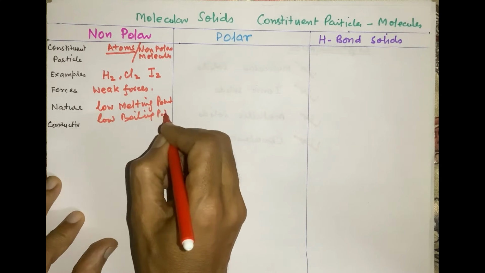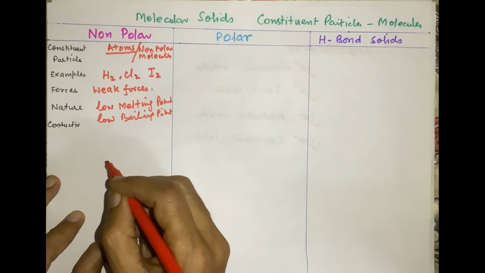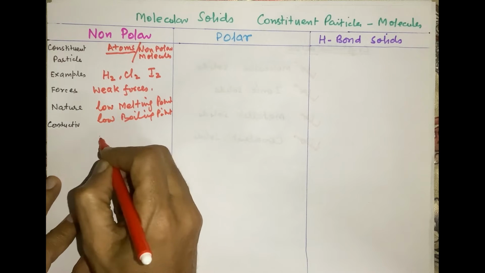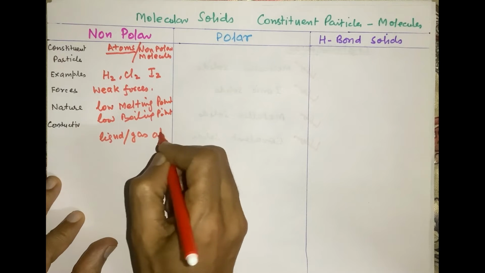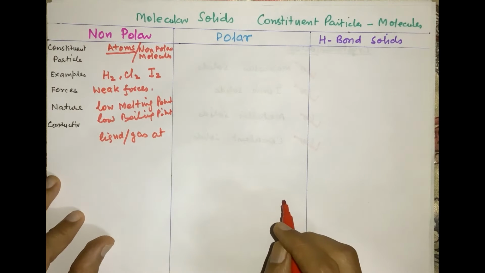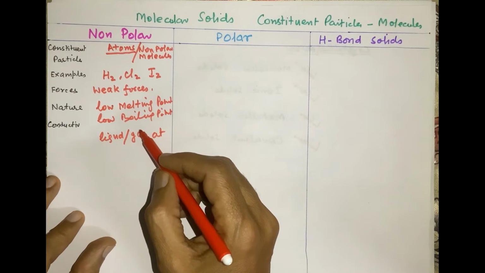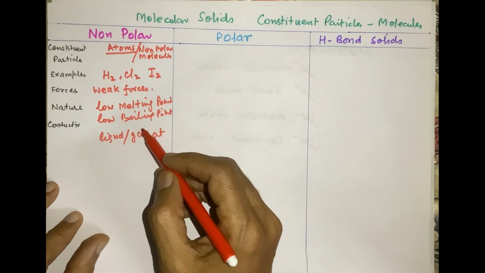In fact, they are in the form of liquid or gas at room temperature and pressure, because their melting point is low and boiling point is low.